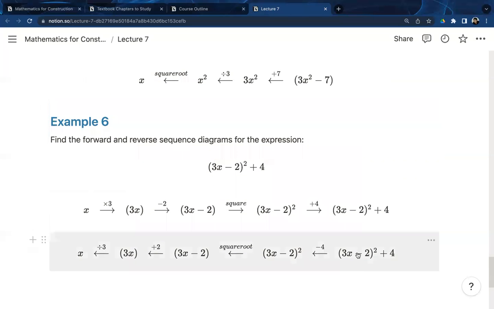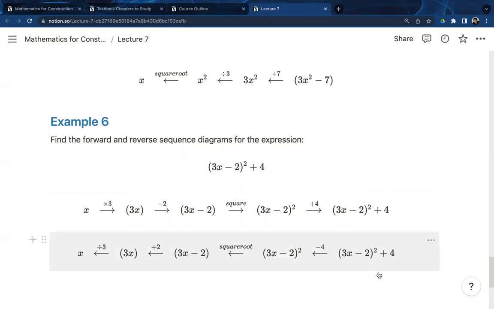So given this expression here, I know the sequence of events to get back to x, right? This is the importance of the reverse sequence diagram. Starting with the expression, I have operations I could perform to get back to x. And this is essentially how you change the subject of the formula.